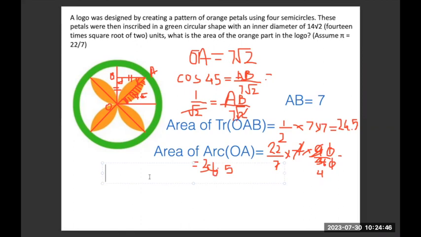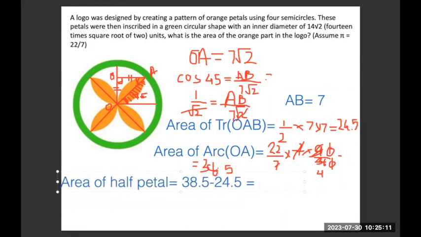Hence, area of half petal is equal to 38.5 minus 24.5. One second.